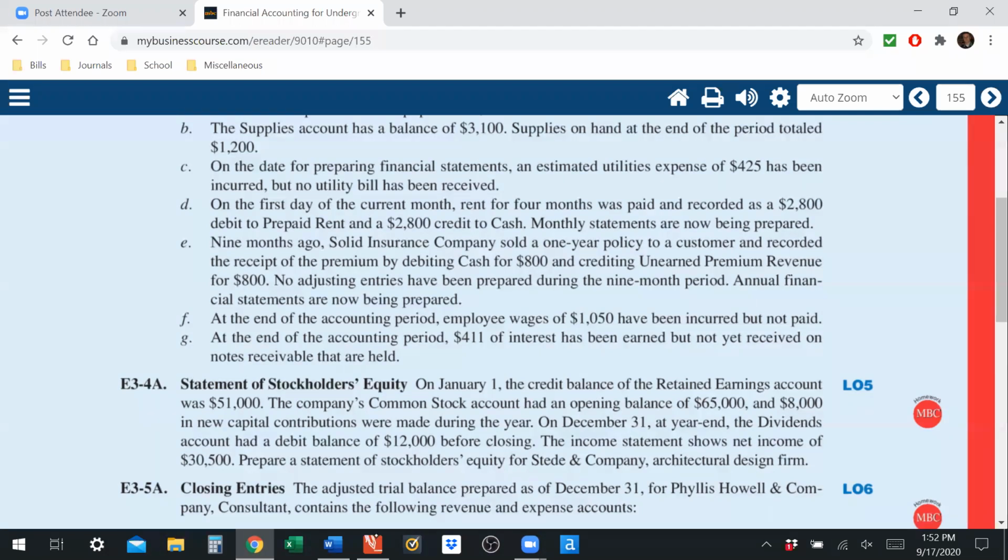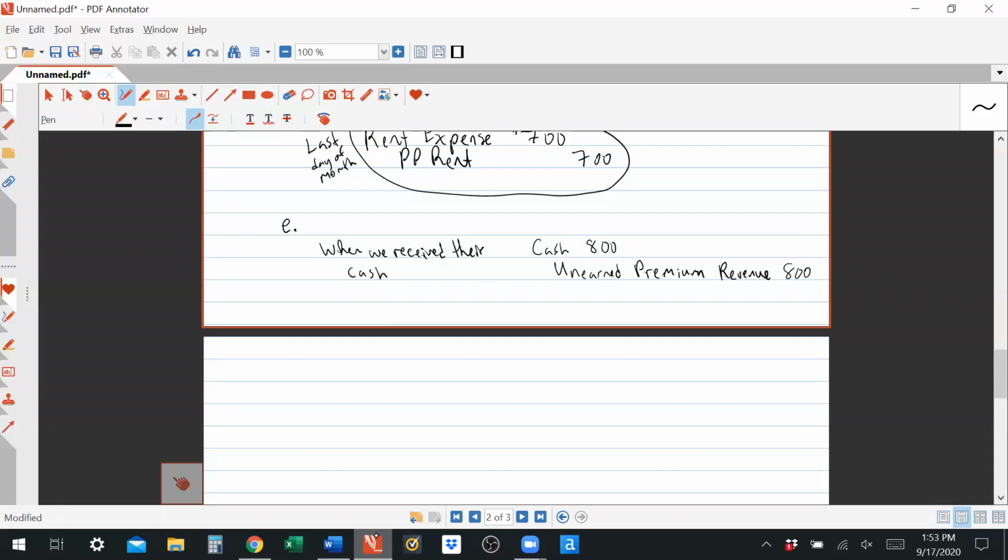Well, we as an insurance company need to recognize that we have earned 9 months worth of insurance revenue because we've insured them now for 9 months. They've been insured for 9 months. So we've earned the right, we've earned the revenue. At any time during the 9-month period, they could have filed a claim and we would have to pay out. So we have to recognize insurance revenue. The adjusting entry.